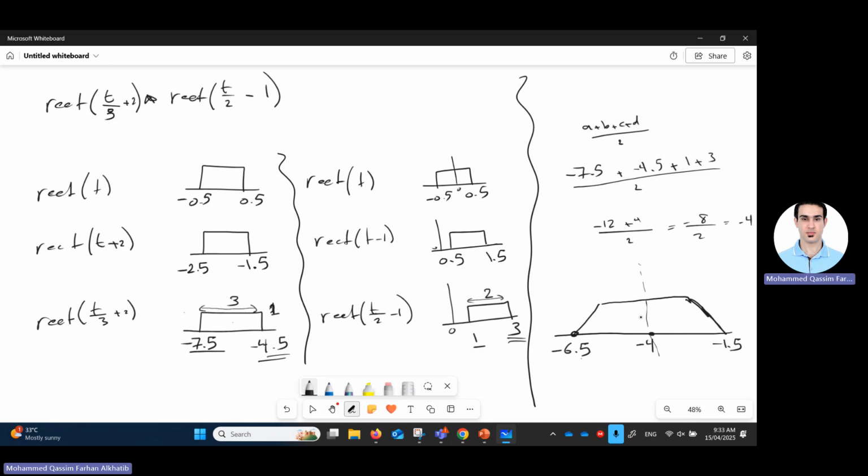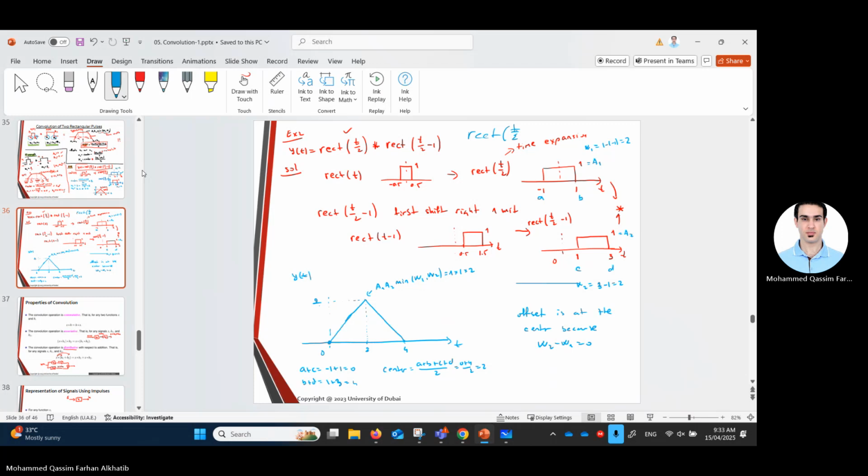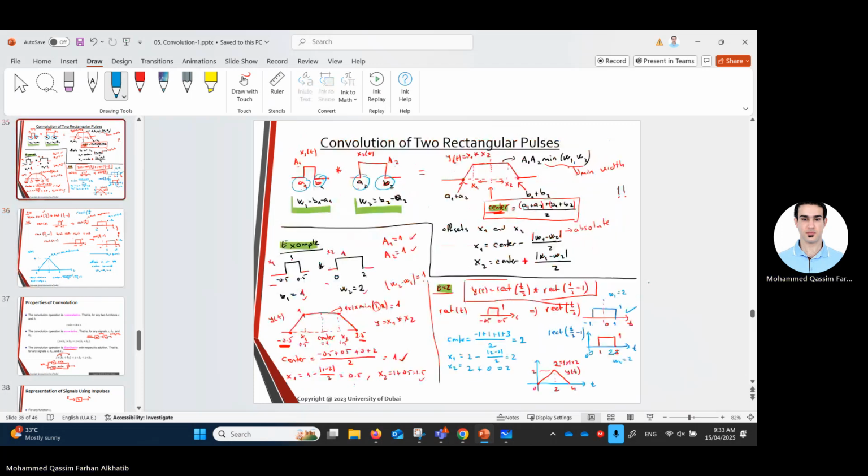All right. Now what else? This value here and this other value there. We called it x1 equals what? The center minus the absolute value of what? Go back here.